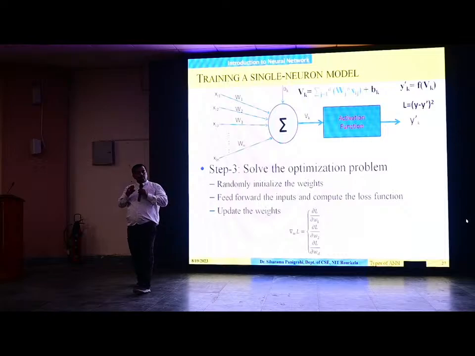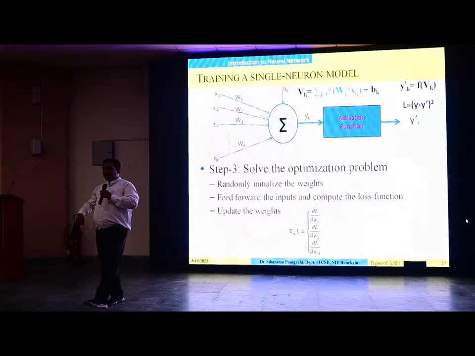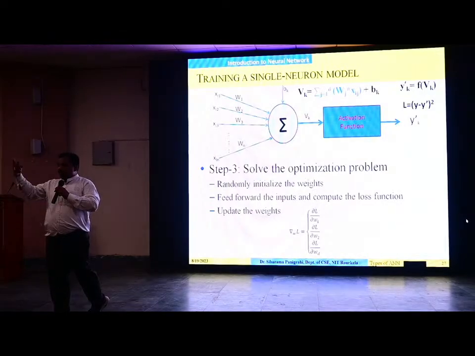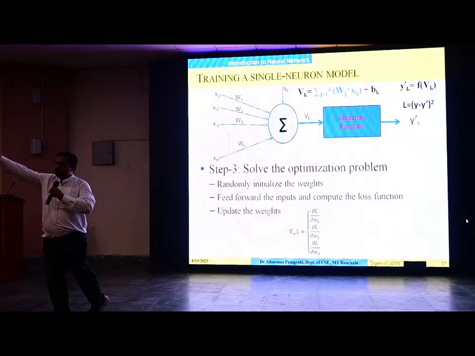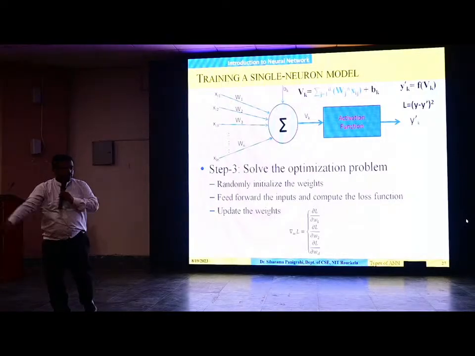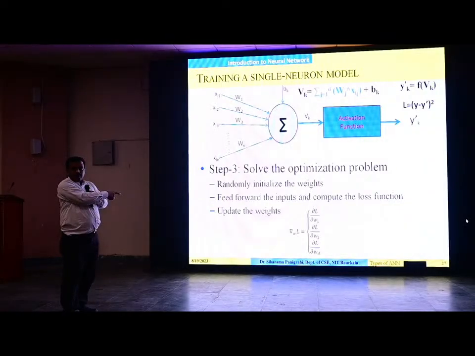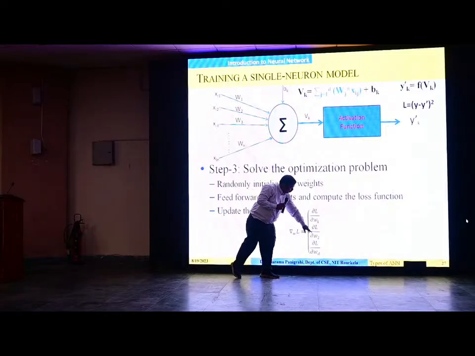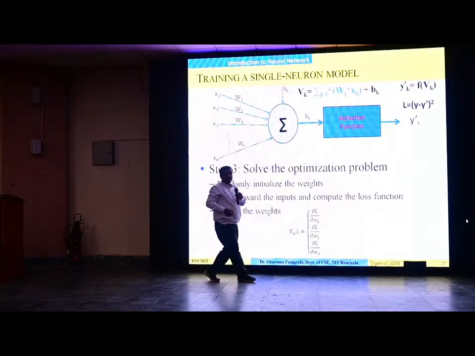We will update W1, W2, W3, WN. Okay. We have to minimize the loss function with respect to the weight. So we have to take the partial derivative of the loss with respect to each weight. So we have to compute dou L by dou W1, dou L by dou W2, dou L by dou WN.